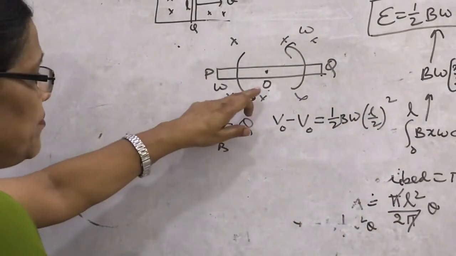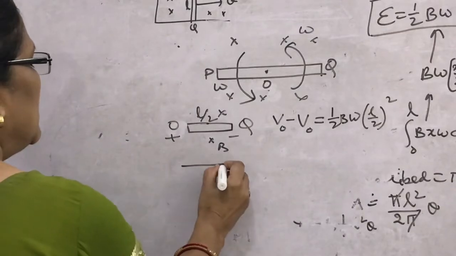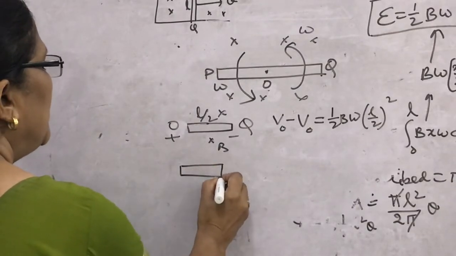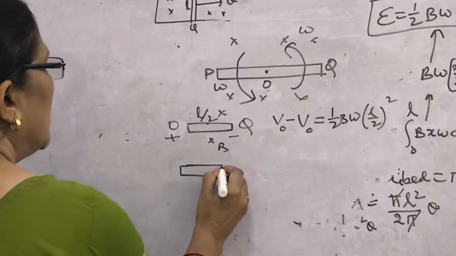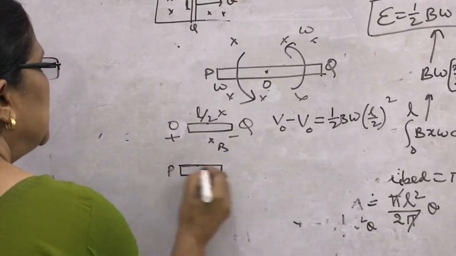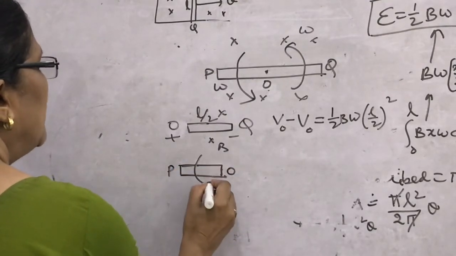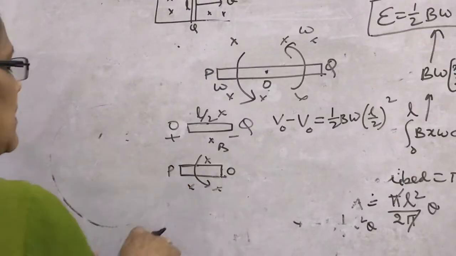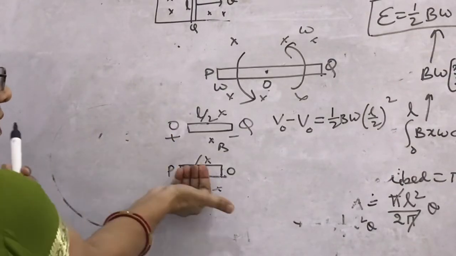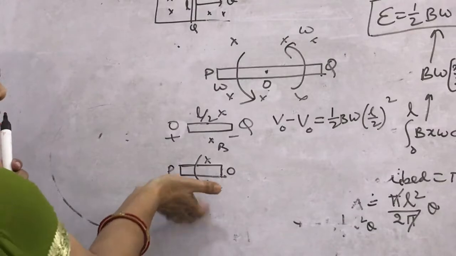Now for the other end P to O, if you take the rod from P to O, what will you write? This is P, this is O, and it is moving like this in the same magnetic field. Look here, now the thumb will come across O. This is the direction of motion.